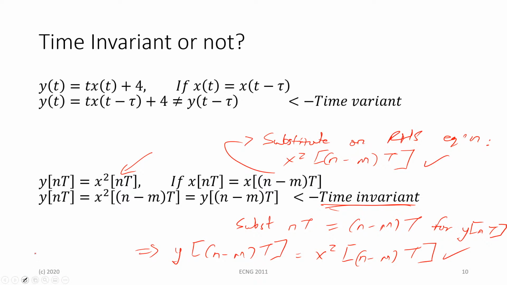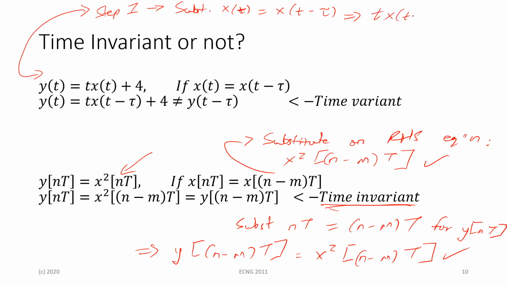Alright. So step 1 is to substitute x of t only equal to x of t minus tau, which results, for this equation, in t times x of t minus tau plus 4.